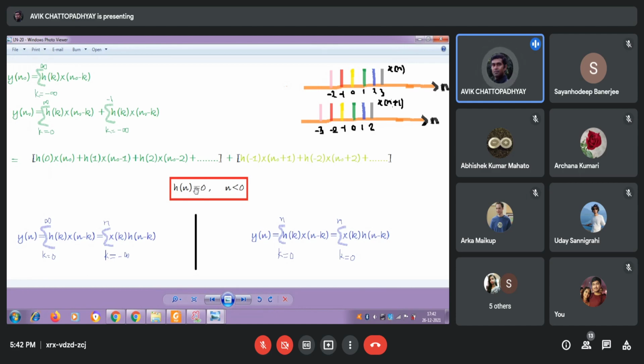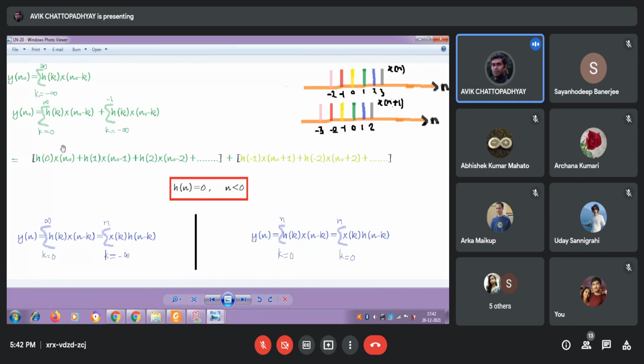In other words, I can say that your LTI system is causal, will be causal, if and only if its impulse response is 0 for negative values of n or for negative argument. It is also true for continuous time. Yes, the same concept. Here instead of summation, there you do the integration. That's all.